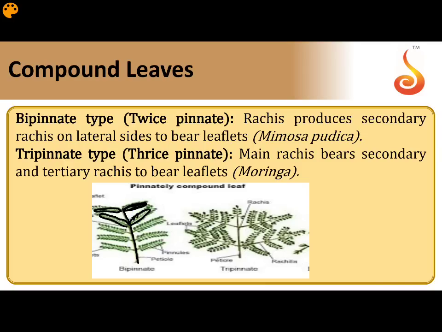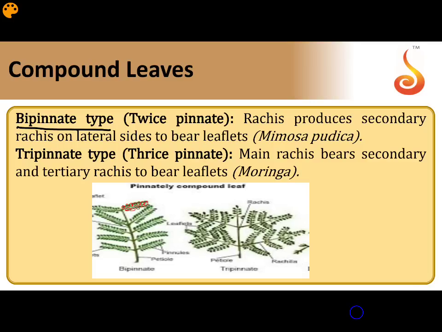Here the leaflet has further undergone incisions. This leaflet, which is supposed to be entire, has grown numerous smaller leaves. These smaller leaves are of second line incision, which we call bipinnate. The second line incision is called bipinnate.